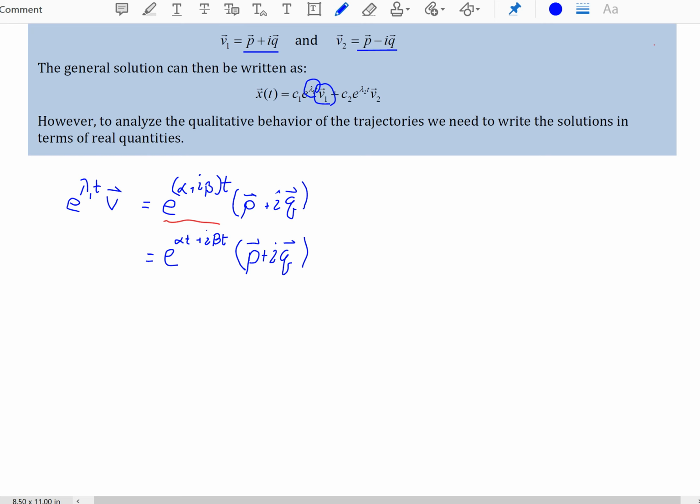And now, using properties of exponents, let's rewrite this exponential term as the product of two exponentials. So maybe we'll write it as e to the alpha t times e to the i beta t.